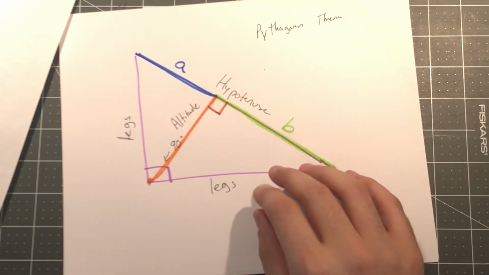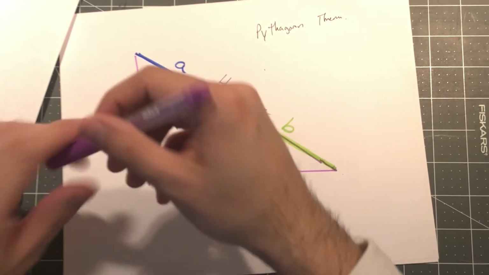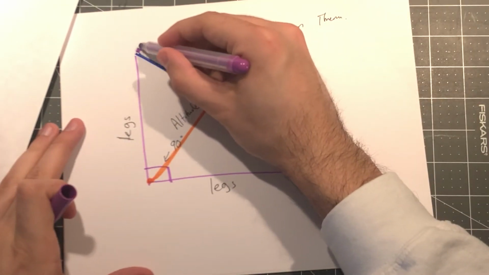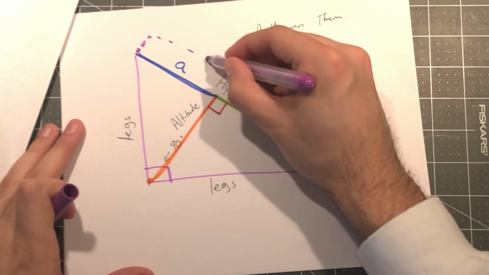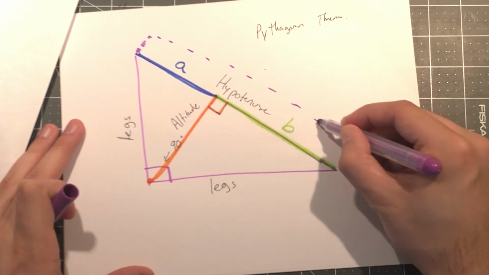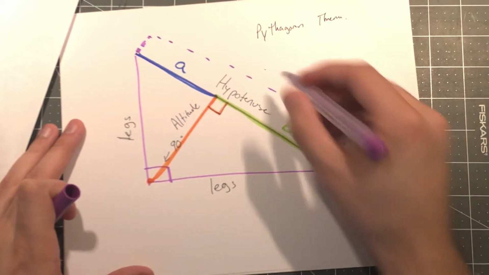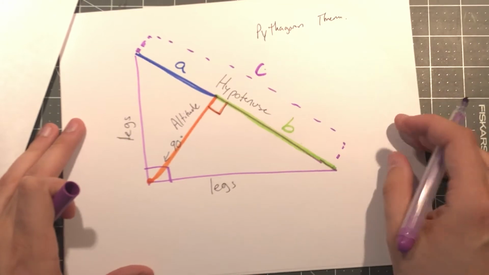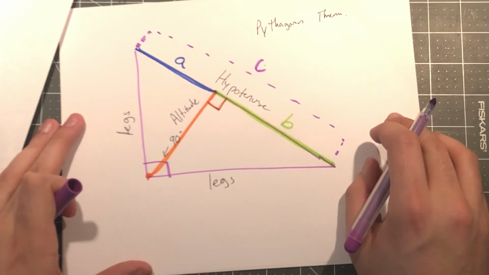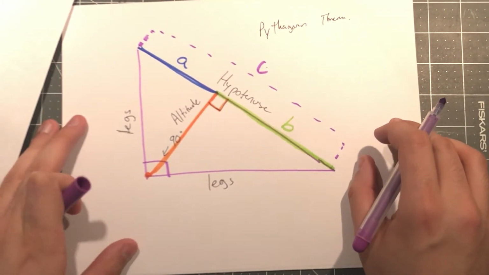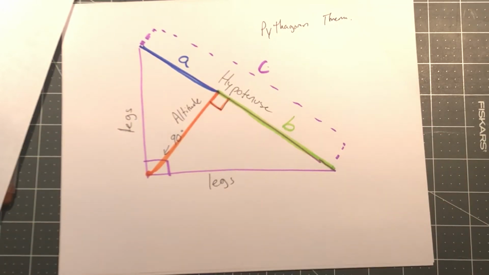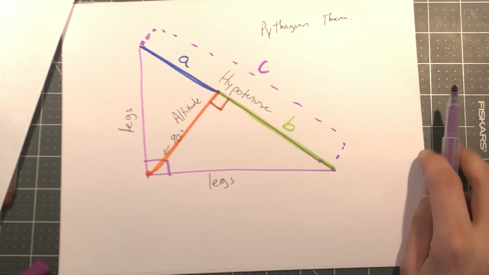I'll make a big indication just so we know we're still talking about the whole hypotenuse, and the whole hypotenuse will be called C.